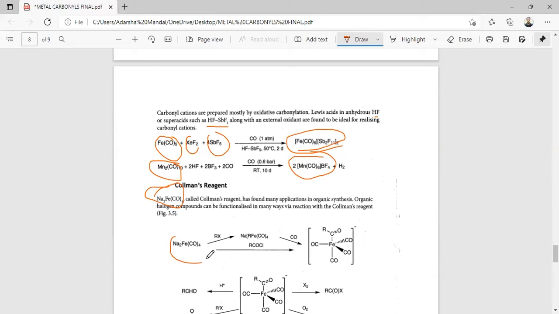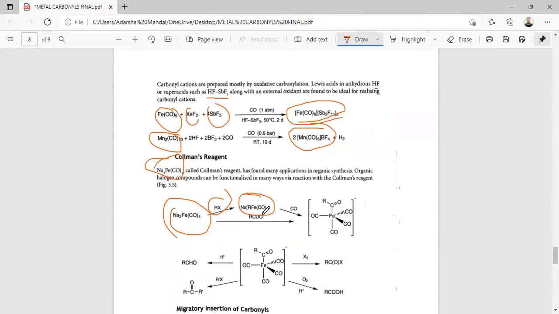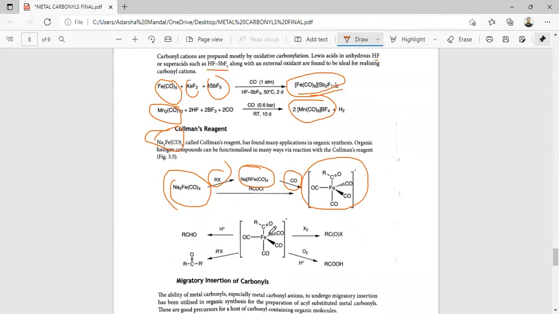So here Na2Fe(CO)4 reacts with this halide to form this adduct, and next one molecule of CO can react with this intermediate to form this intermediate. After that, from this we can functionalize the organic halide.